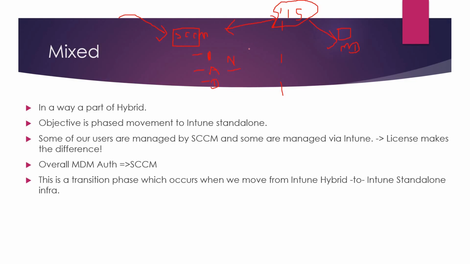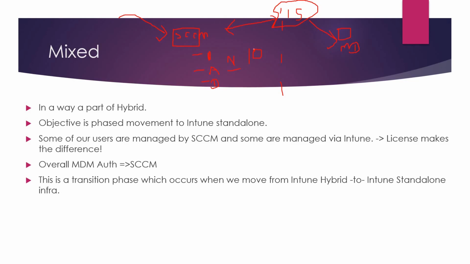He would go ahead with, let's say, 10 users to begin with. When he is able to see that these 10 users are working fine with Intune standalone, he would move the other 10 users, and the end goal would be moving from the hybrid setup to Intune standalone. But the transitional phase would have some users being managed via SCCM and some users being managed via Intune.